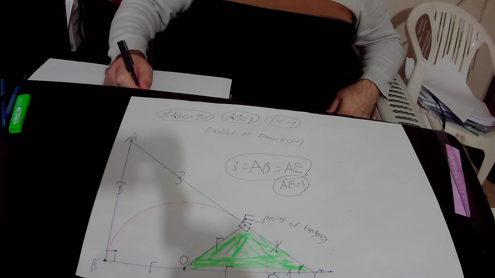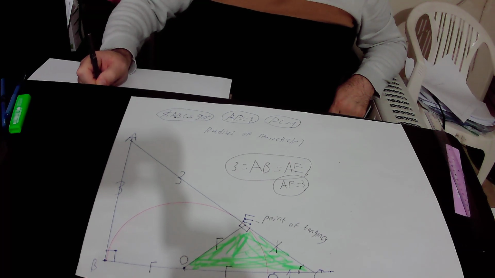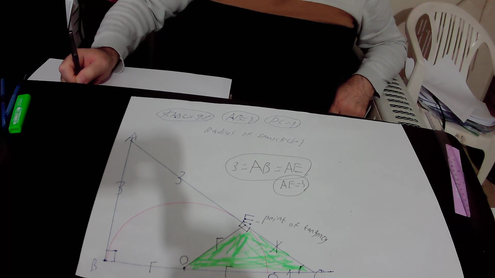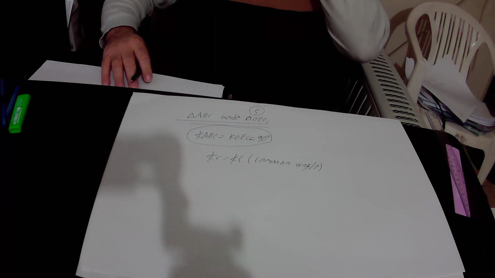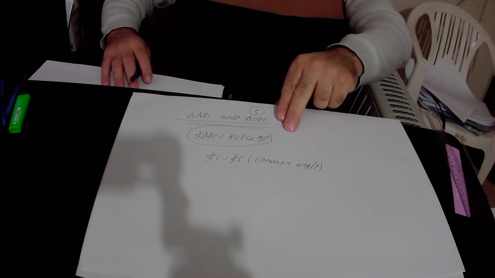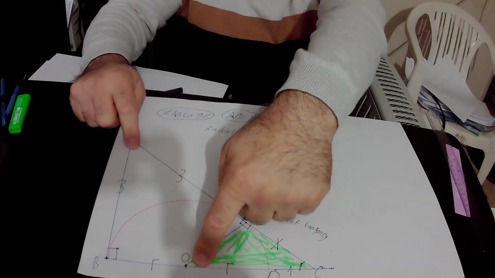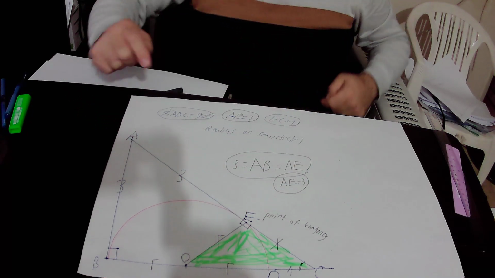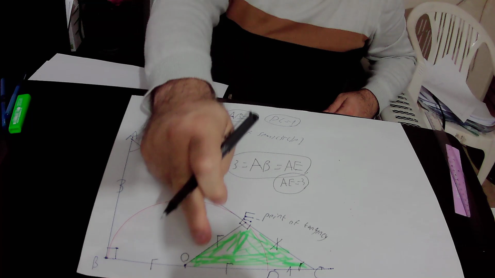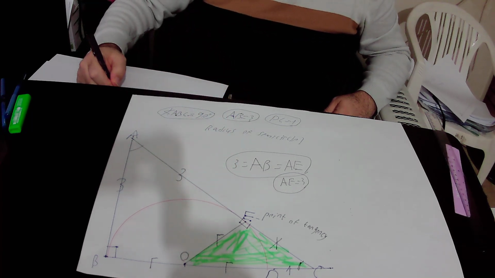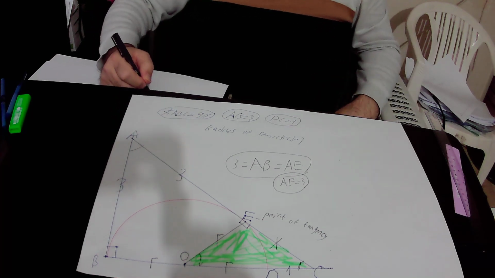So angle C equals angle C, a common angle that belongs to both triangles, and the remaining two angles are also equal to each other according to the third angle theorem. So angle BAC is equal to angle EOC.